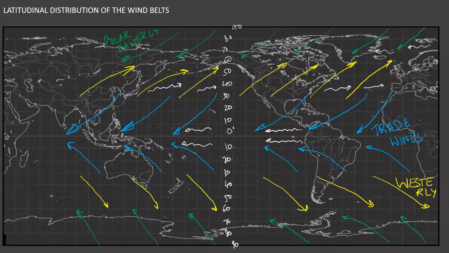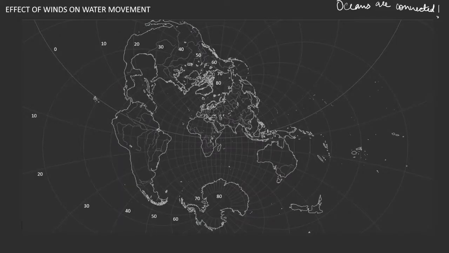All right. So what is the effect of winds on water movement? So now I have already shown in this, but let me just draw it for you from over here, that this is the equatorial latitude, equator, 0 degree. So 10, I have written it over here. Now the trade winds, this is 30 degrees. So this is the latitude from which the trade winds operate. So trade winds, if they are coming this way, then they will bring all the water in their path towards the west side, like this.